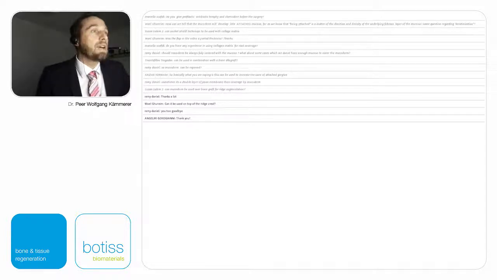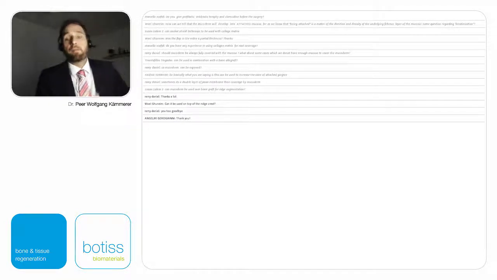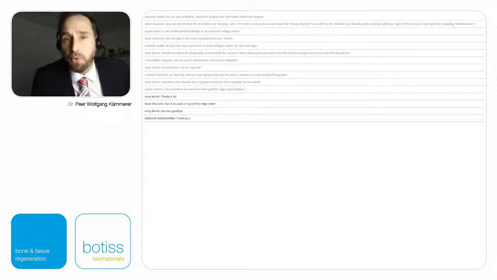The second question is, how can we tell that mucoderm would develop into attached mucosa? As far as we know, being attached is a matter of the direction and density. Well, this is a really difficult question. And honestly, I don't think that the mucoderm itself turns into attached mucosa.